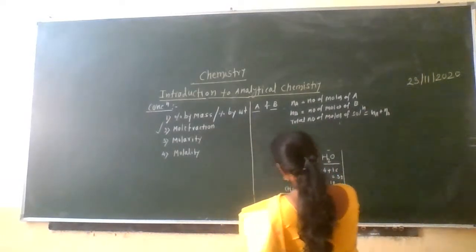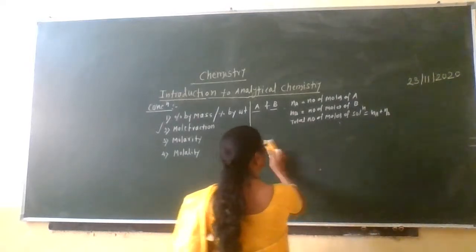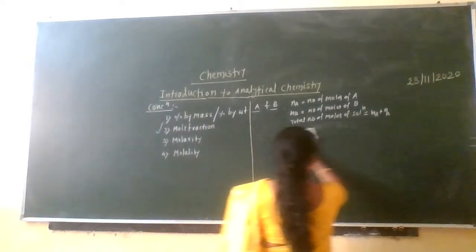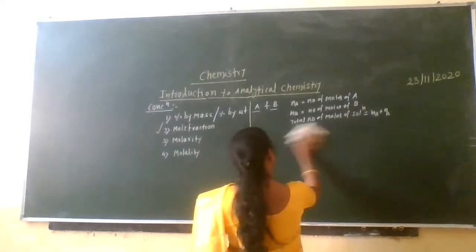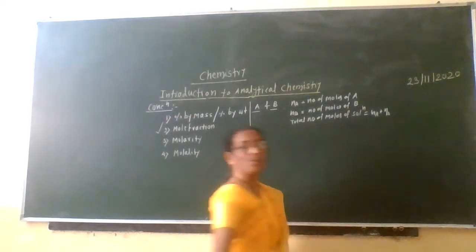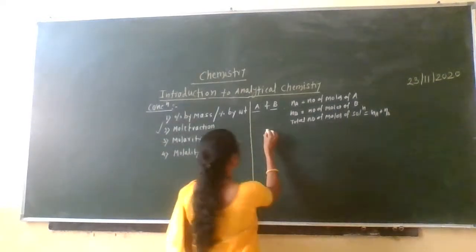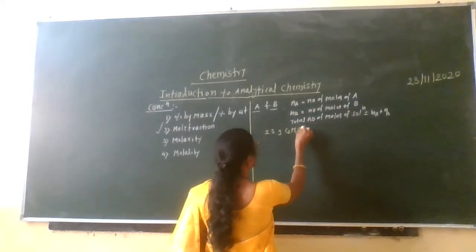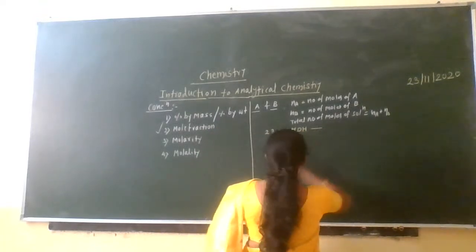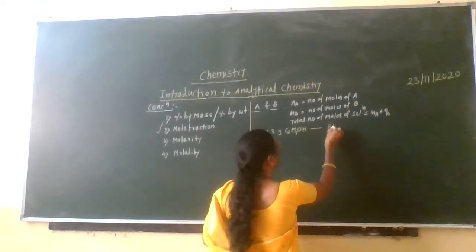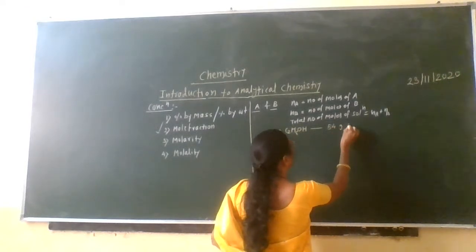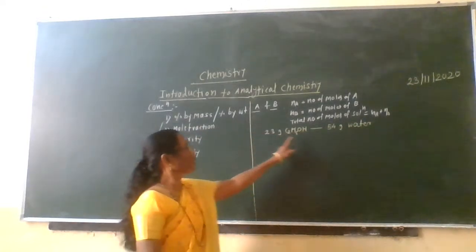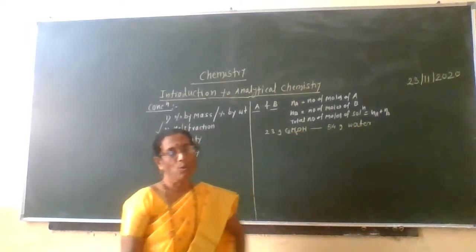For example, suppose we are given 23 gram of ethyl alcohol, C2H5OH, and suppose 54 gram of water, which is given to us, and we have to calculate the mole fraction of both ethyl alcohol as well as water. We can take any values for the problem.